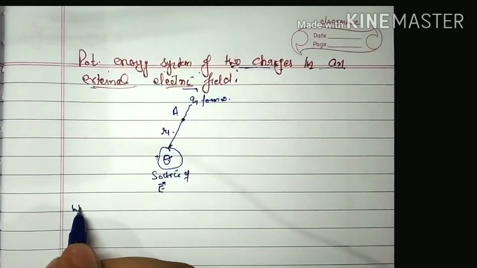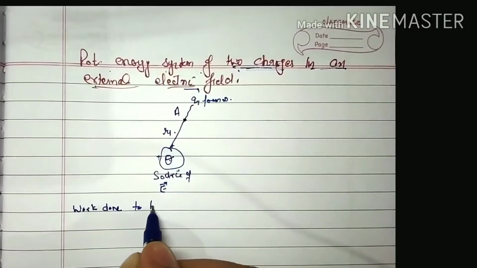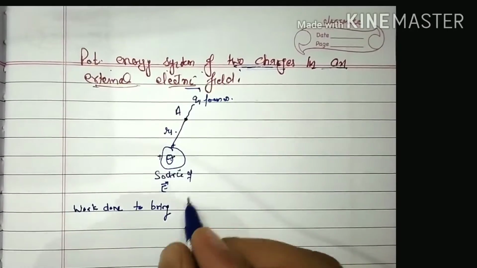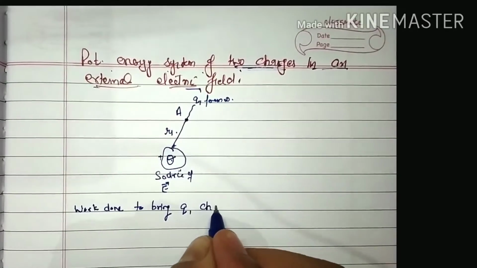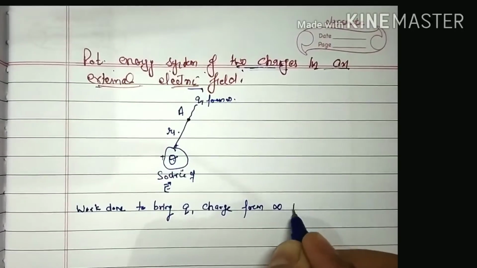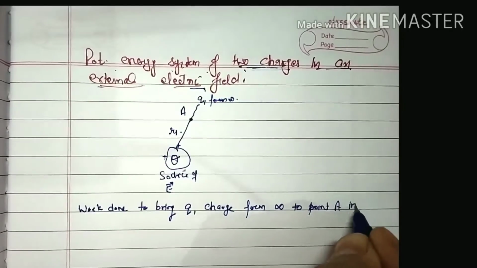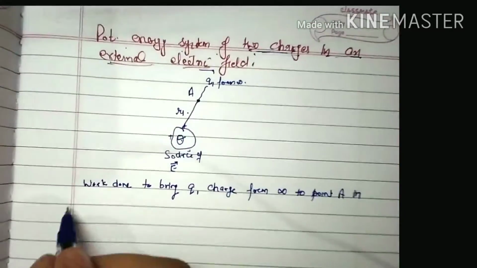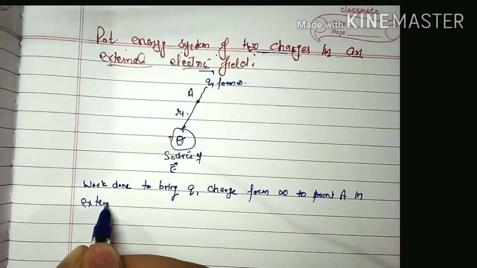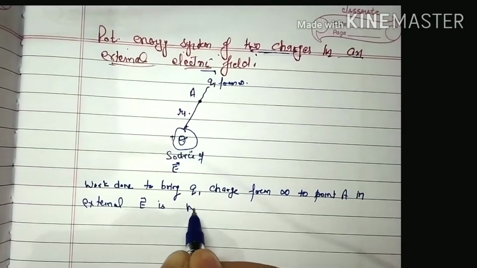So the work done to bring Q1 charge from infinity to point A in the external electric field is W1.